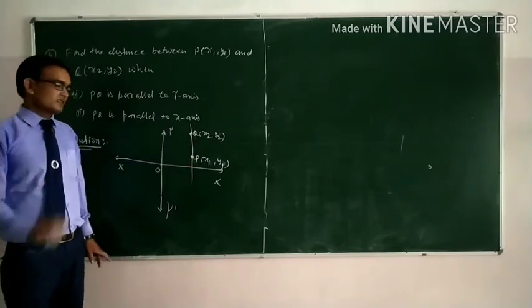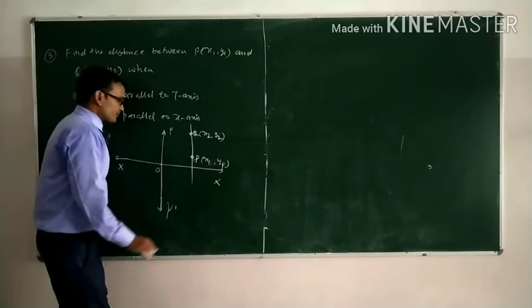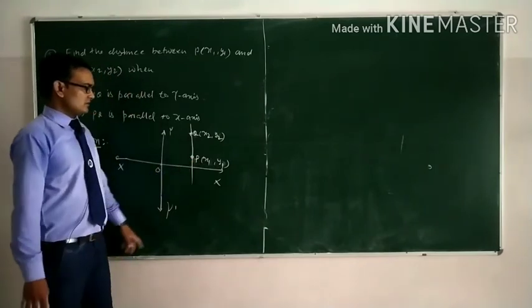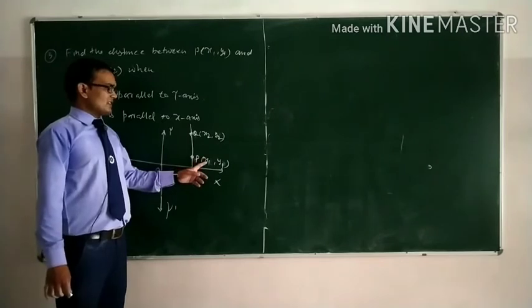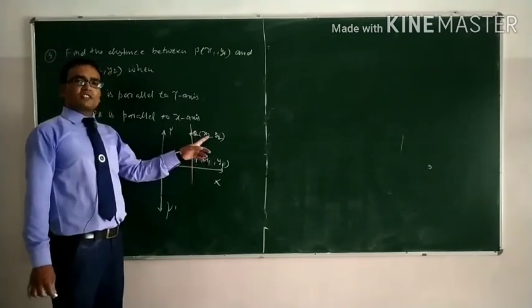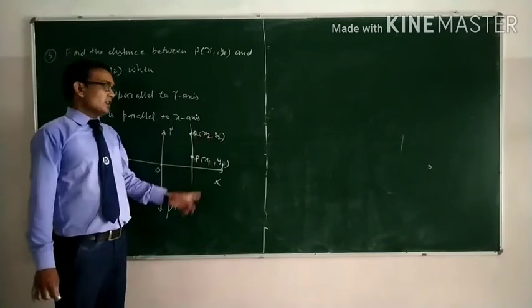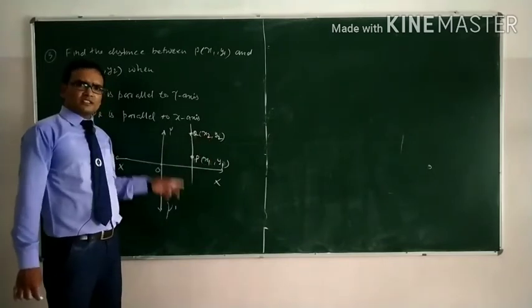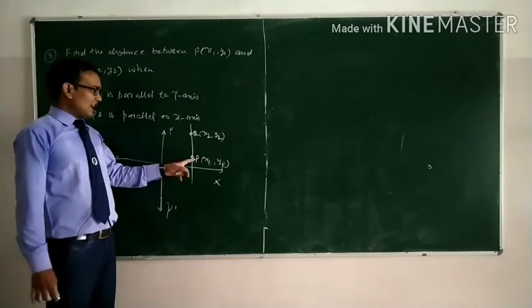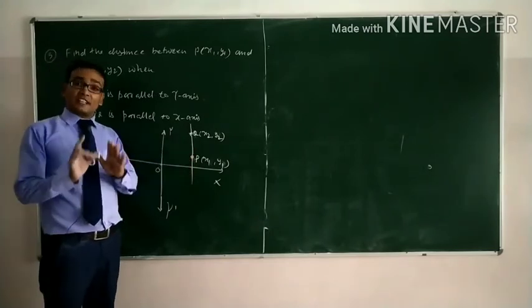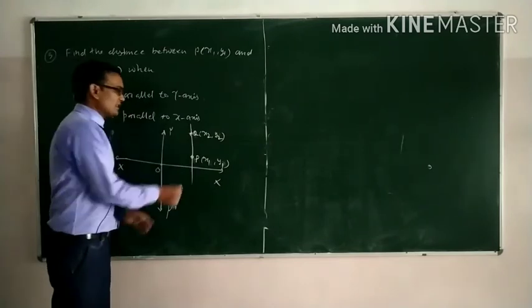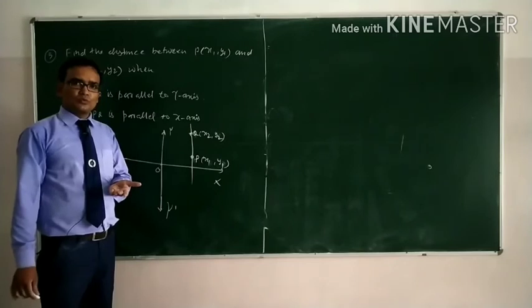Okay students. The abscissa of P is x1 and the abscissa of Q is x2. Here given that line PQ is parallel to y axis, then abscissa of P and Q are the same, x1 equal to x2. Okay students.